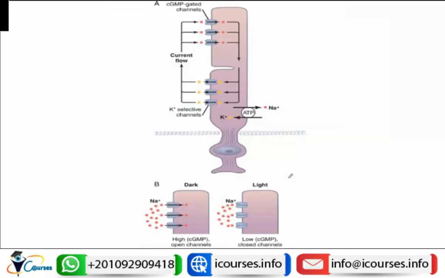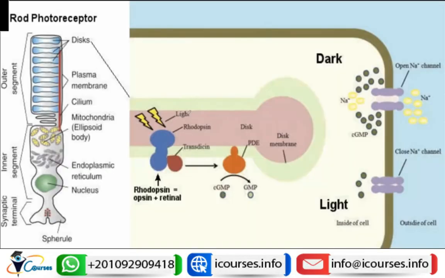We have said this. This is the same thing, the whole process again. In the light, the rhodopsin will decompose to opsin and 11-cis-retinal that will form the all-trans-retinal, which is the active molecule that will stimulate the transducin, stimulating the phosphodiesterase enzyme, leading to closure of the cyclic GMP gates.